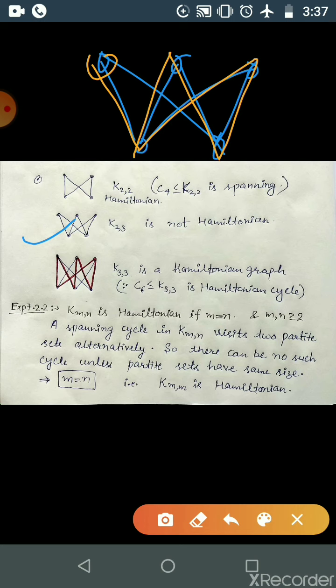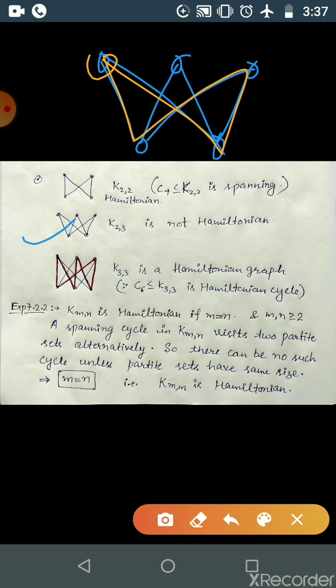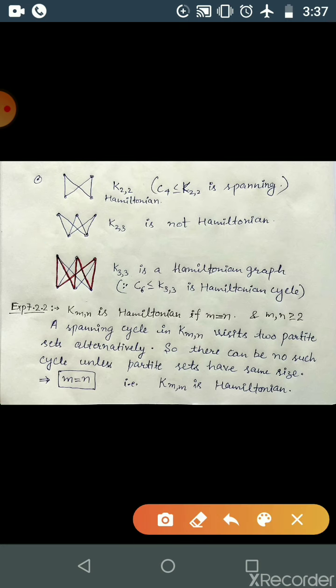And if you are going like this, then this cycle is present, but this is not spanning. So it does not contain any spanning cycle, or you can say any Hamiltonian cycle is not present in this graph. So that's why K23 is not Hamiltonian, okay.